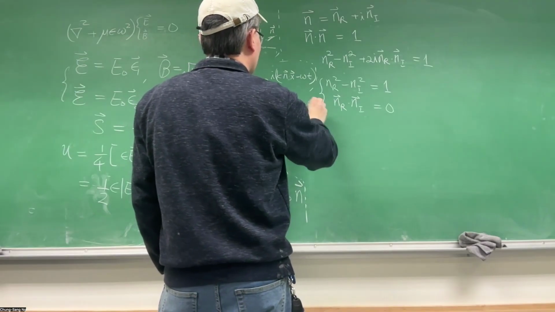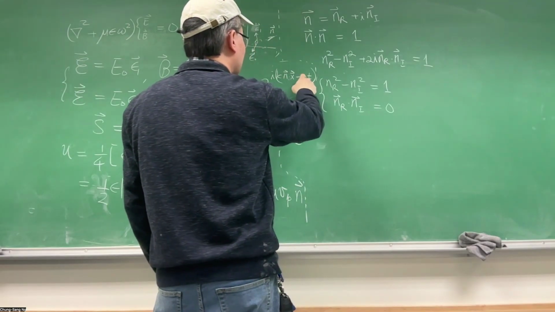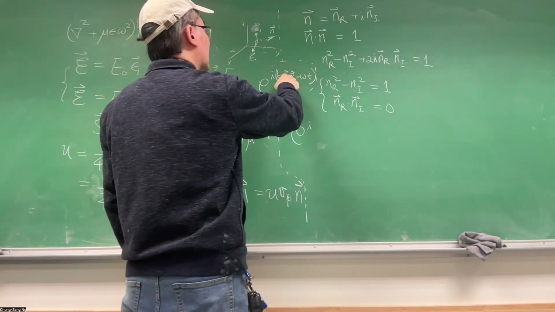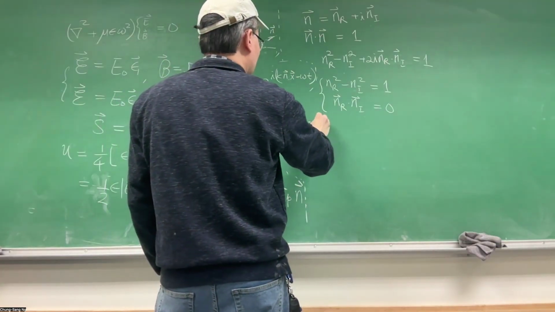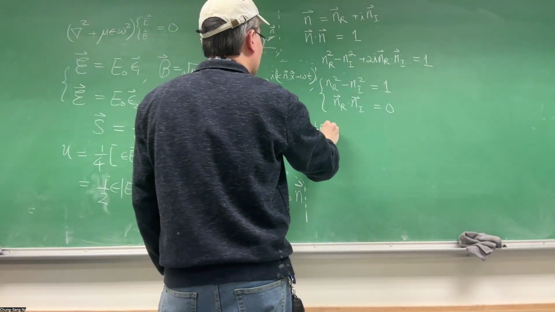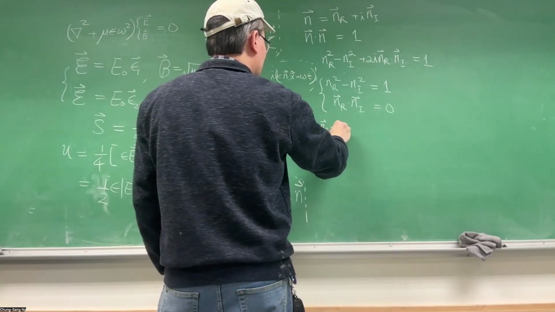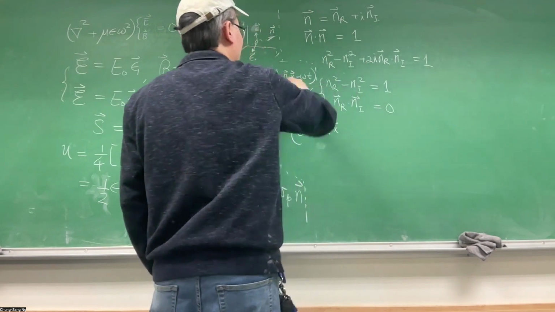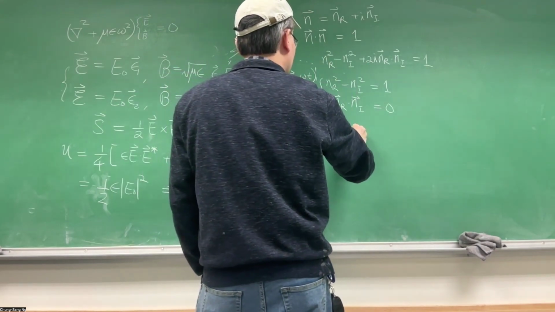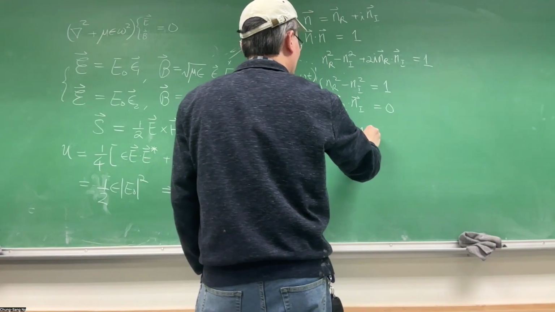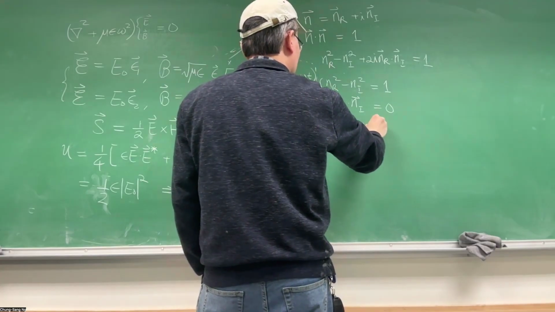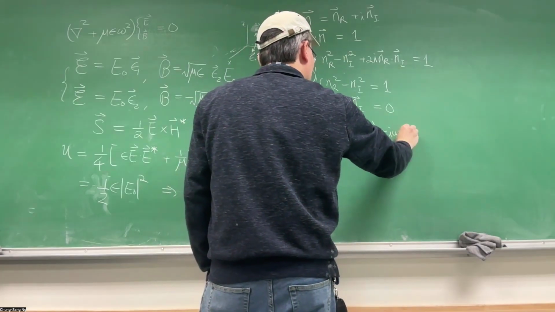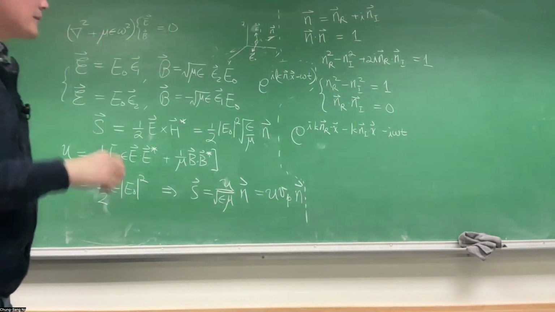Now you can put the i inside this N factor. So you have i k N_R dot x, and then the second part is i times i is minus k N_I dot x. But obviously, you still have this time-dependent oscillation.